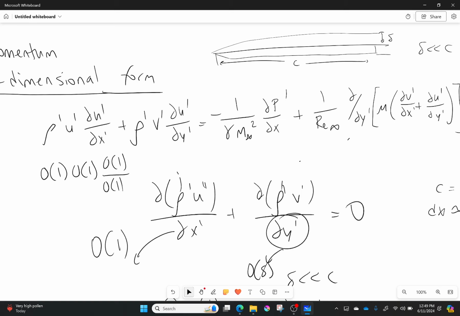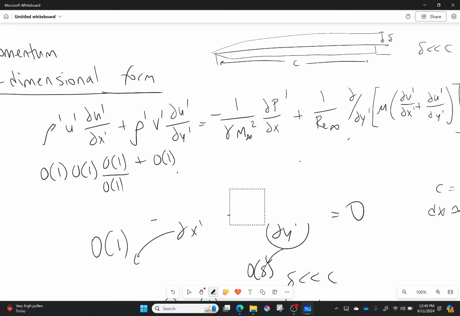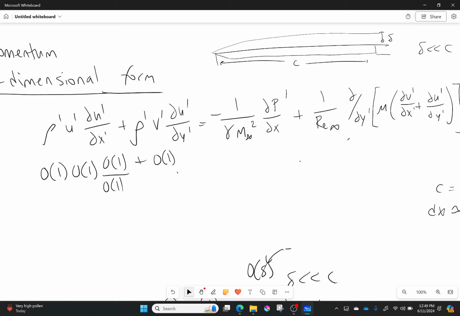Second one right here, I have order of 1. I'm going to need to erase this because it's taking my space. There you go. Order of 1 times order of delta, times order of 1 over order of delta. Okay, so the order of deltas cancel. It's still just order of 1. So this guy right here, order of 1. This term right here, order of 1.